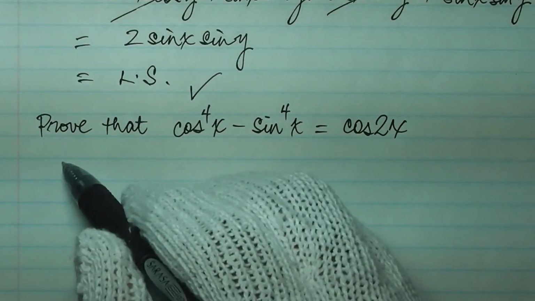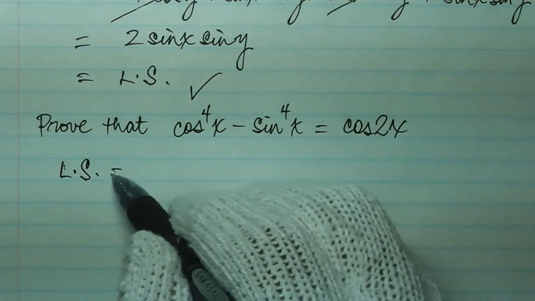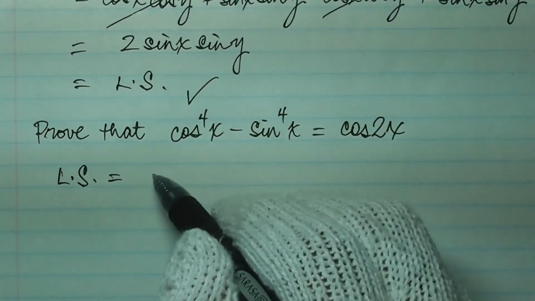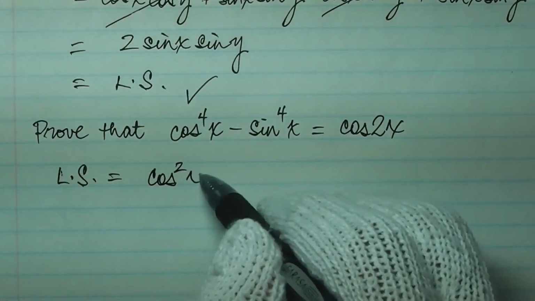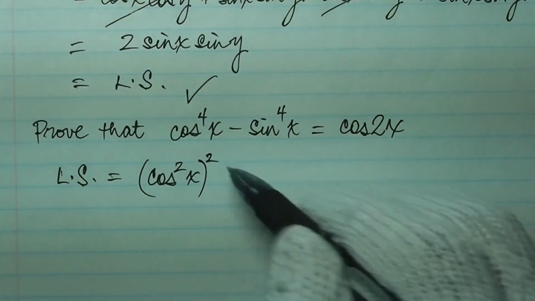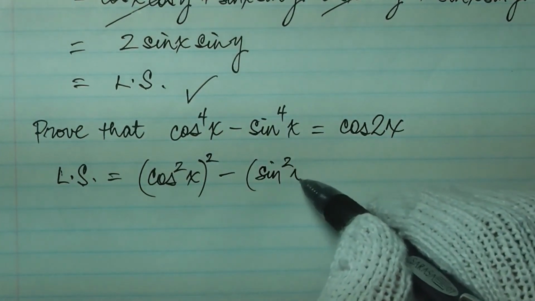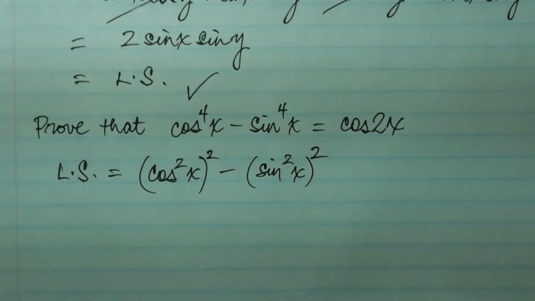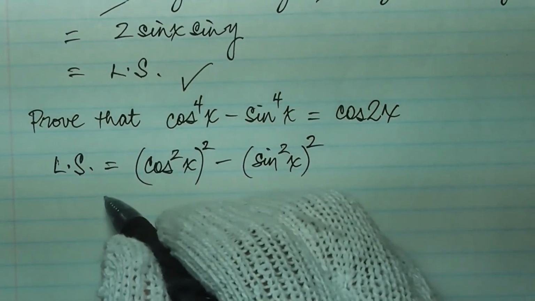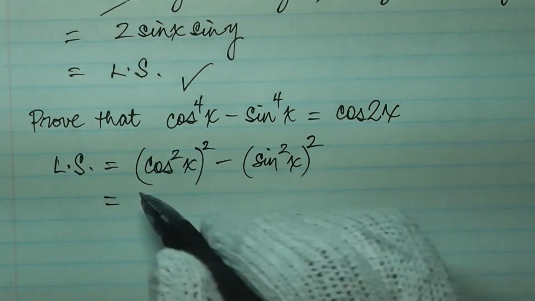Left side. This looks like cosine squared x squared minus sine squared x squared, which I can factor out as a difference of squares.